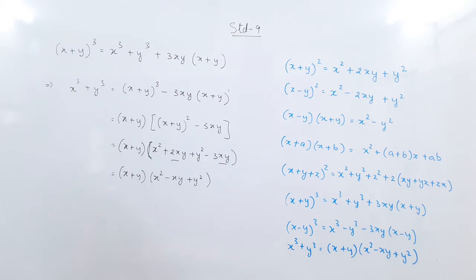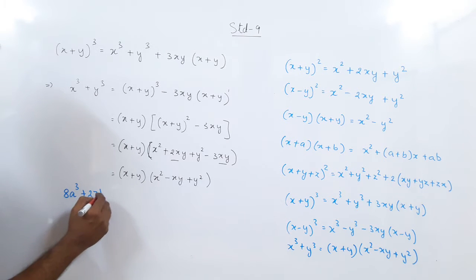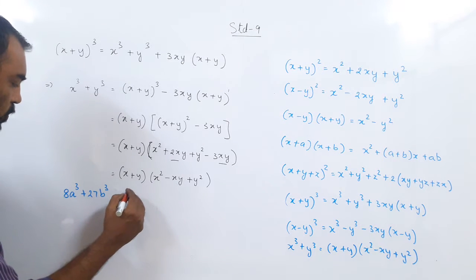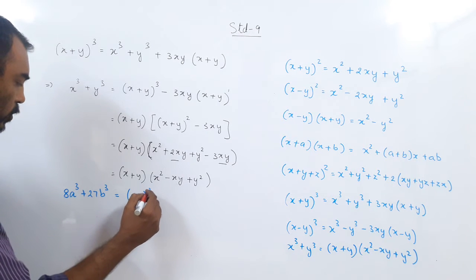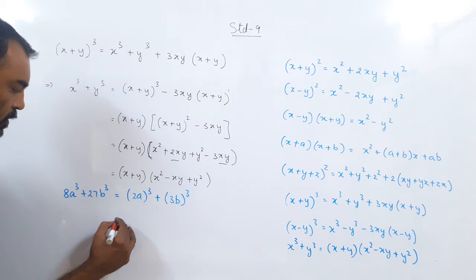So for example, let us factorize 8a cube plus 27b cube. Direct form. So how to write 8a cube? I write (2a) the whole cube plus (3b) the whole cube.